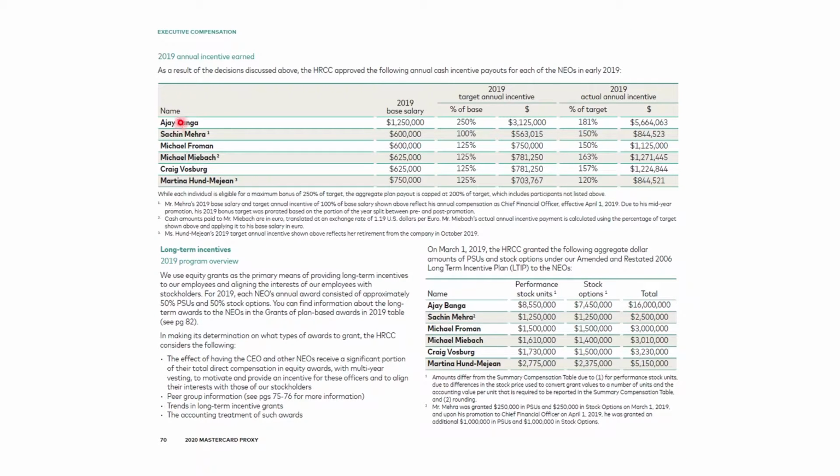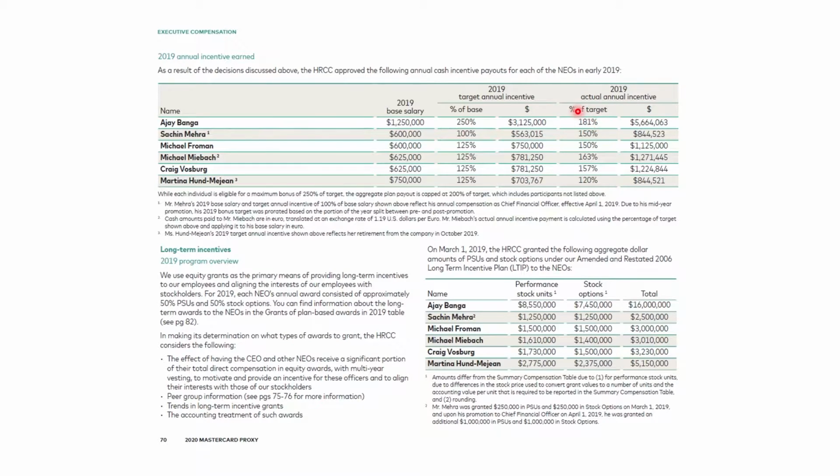And then at the end of the year, they say, okay, we think this person achieved 181% of his goal, this one 150, this one 150, and they get an incentive based on the base salary, 2.5 times would be 100%, and because this person achieved 181%, this is what he is going to get.